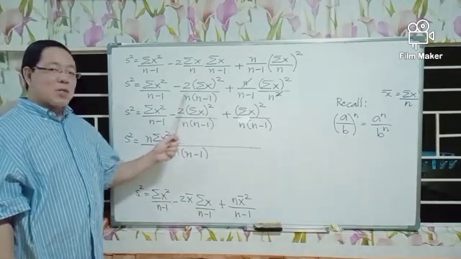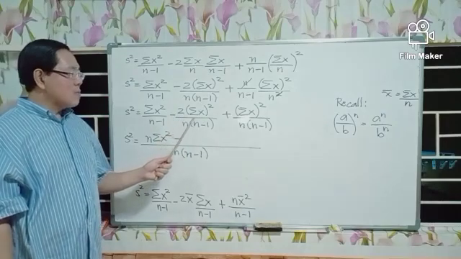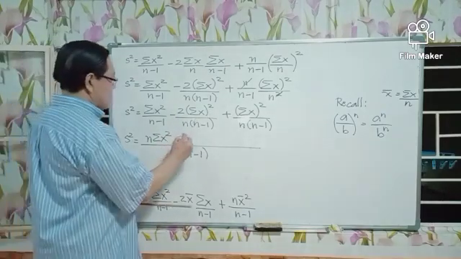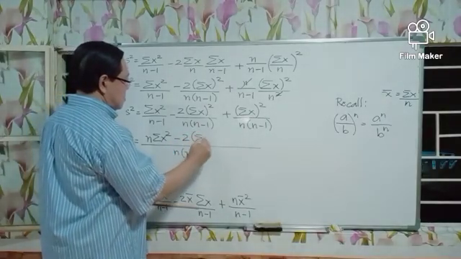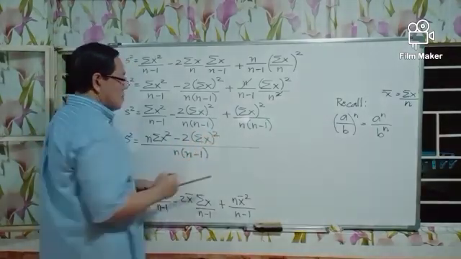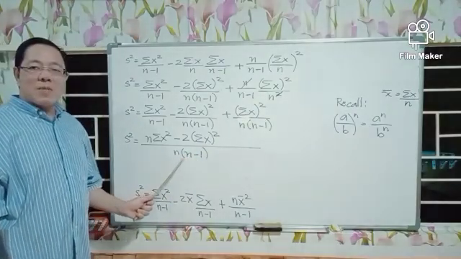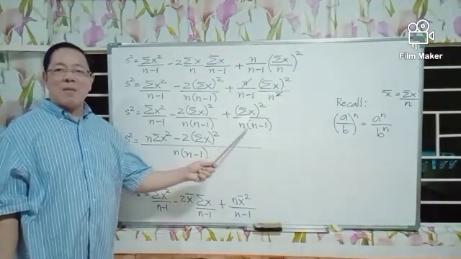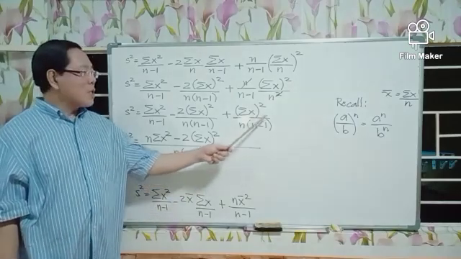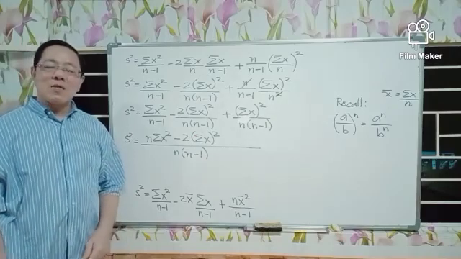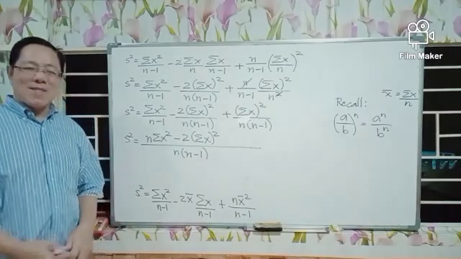Multiplied by the numerator, you get 2 times the square of the summation of x. And finally, for the last term, the LCD divided by n times n minus 1 is 1. Multiplied by the numerator, the square of the summation of x, you get the square of the summation of x.